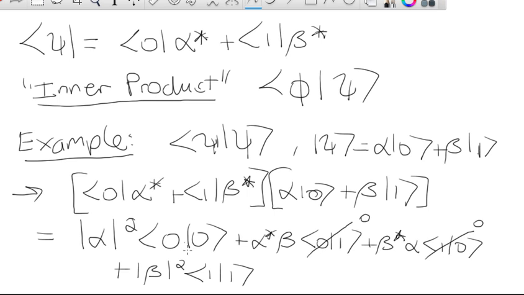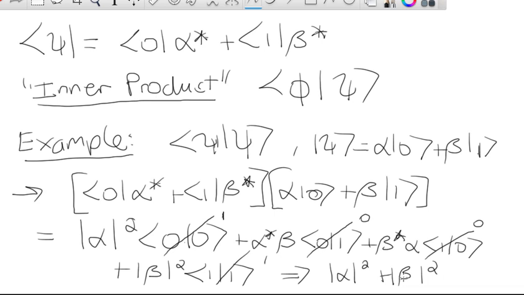And whenever things are identical, so we have bra 0 ket 0 and bra 1 ket 1, when both elements are the same, it's normalized to 1. So putting everything together, what we find is the inner product of psi with itself is equal to the modulus of alpha squared plus the modulus of beta squared.